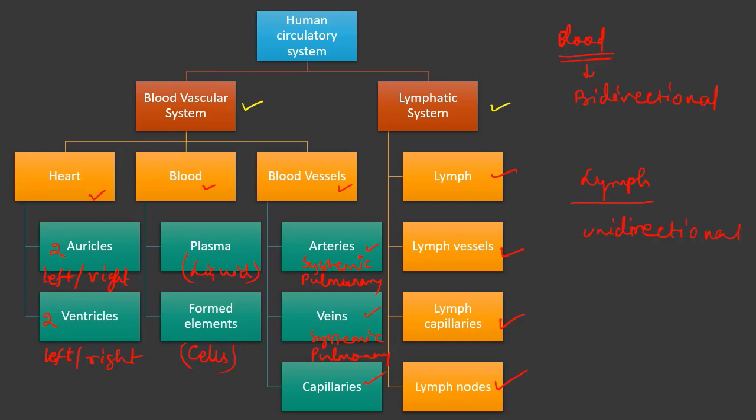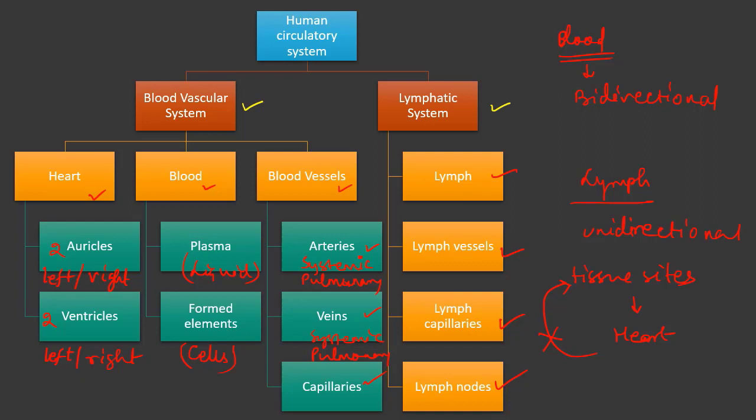When we talk about lymph, the lymph goes only from the tissue sites, or we can say from the interstitial tissue sites, to the heart, right? And it is not going to go back. It is not going from the heart to the tissue. It does not get pumped in that manner.